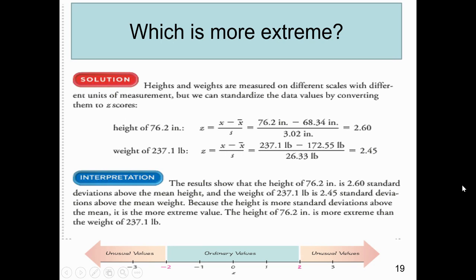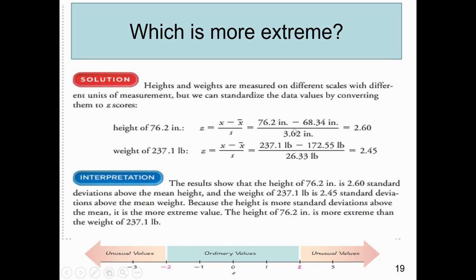Heights and weights are measured on different scales with different units of measure. You measure height in inches, you measure weight in pounds. So here's a case: we want to know which is more extreme, somebody that is 76.2 inches tall or somebody that weighs 237 pounds. So what we do, we take each of these scores and we standardize it. We find the z-score, how far away these scores are from the mean.